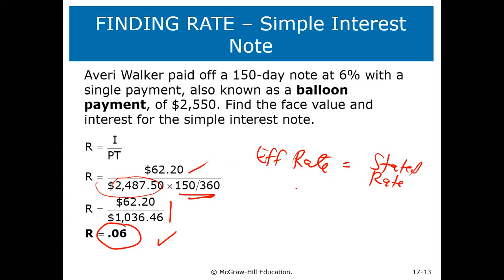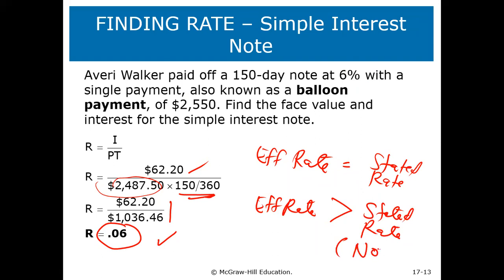Nominal rate is what's in the note, what's written in the note. However, for a simple discount note, the effective rate will be greater than your stated or nominal rate.